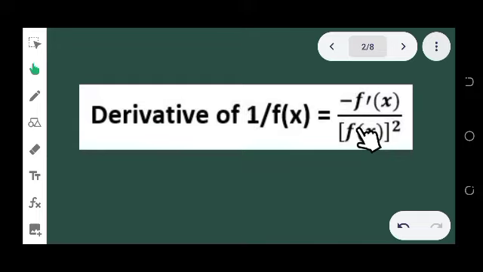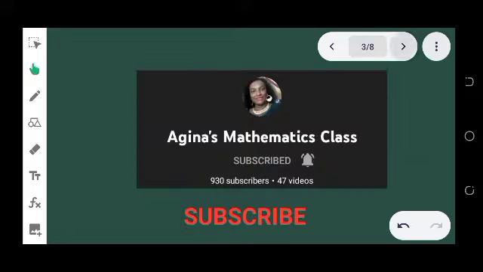For a more detailed and comprehensive explanation of the quotient rule, you can subscribe to Gina's Mathematics Class and search for the video on the derivative of a quotient. You can see there a very exquisite explanation of how the derivative of a quotient is done. But this time, let's do the short trick for the reciprocal functions.